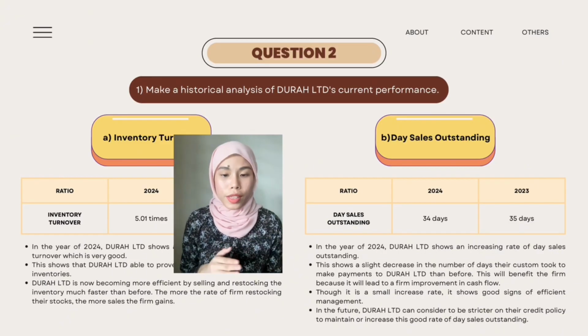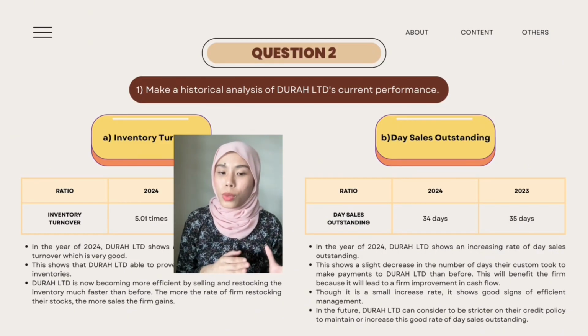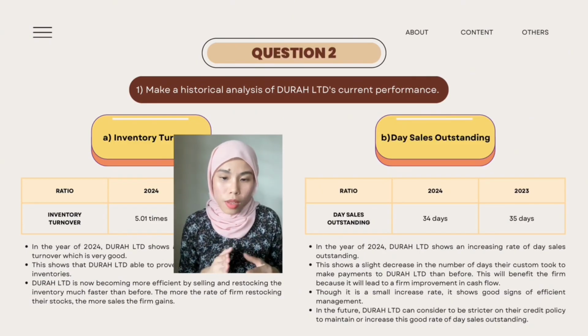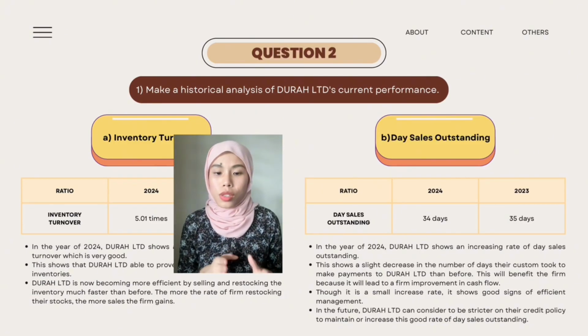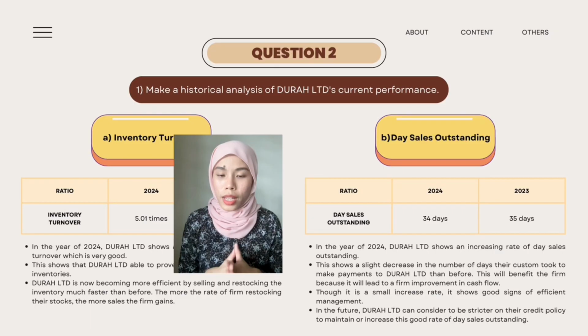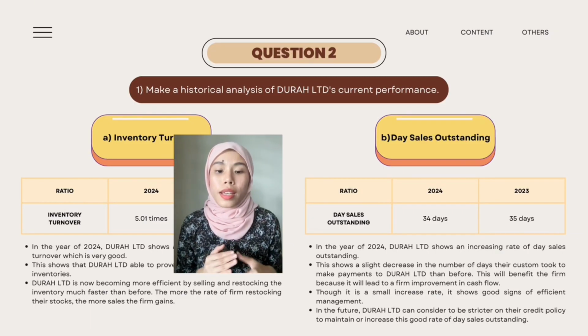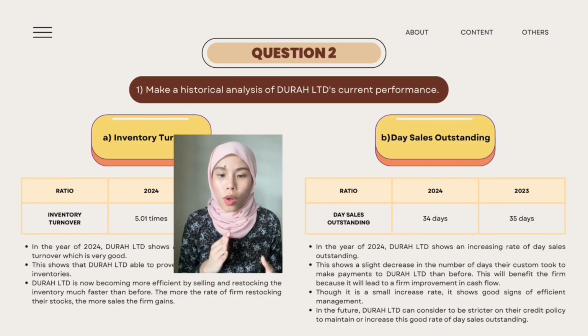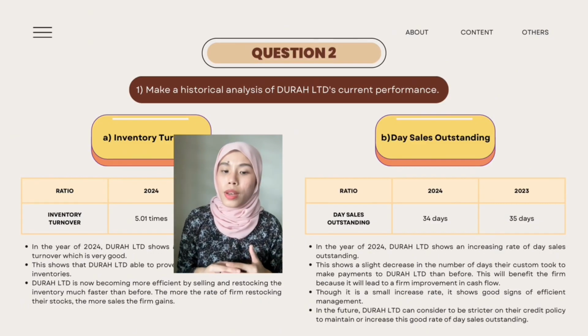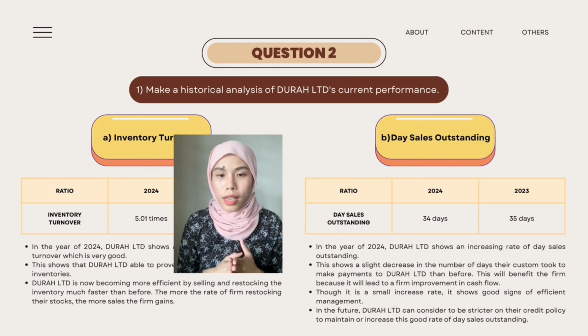This will benefit the firm because it will lead to an improvement in cash flow. Though it is a small change, it shows a good sign of efficient management. In the future, Dura Ltd can consider being stricter on their credit policy to maintain or improve this good rate of days sales outstanding.